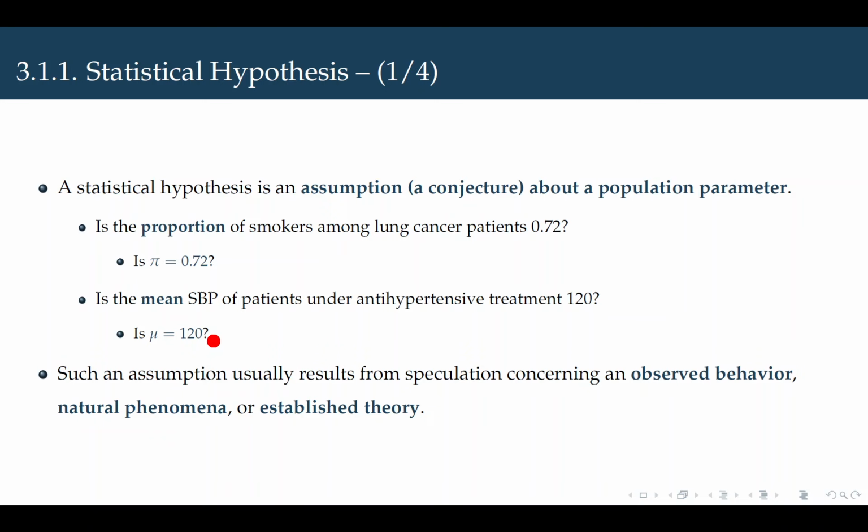So a statistical hypothesis, an assumption like this, assuming 0.72 for the population proportion and assuming 120 for the population mean, is just an assumption or a conjecture about a particular population parameter. Such an assumption originates from speculation concerning a certain observed behavior, natural phenomena, or a certain established theory.